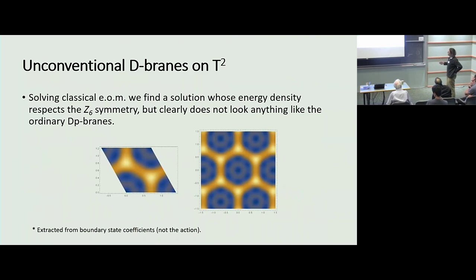But this is the energy density, which is something that we extract from the boundary state, and the boundary state is given by combinations of Ishibashi states based on the primaries of the bulk theory. They are given by harmonics, like exponentials of the free boson with some integer coefficients.